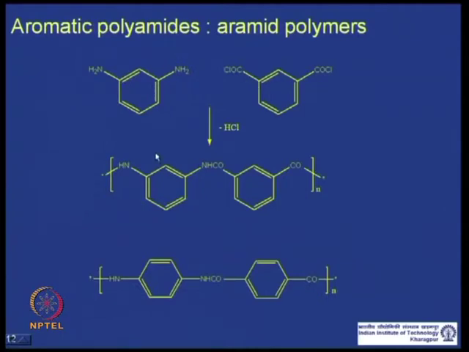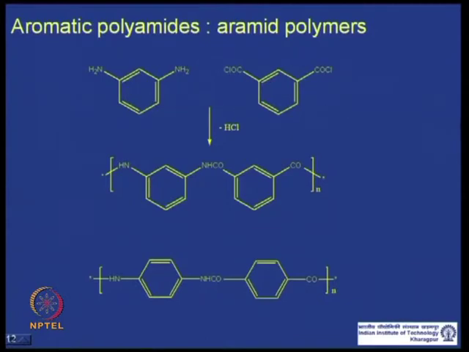Now, in the last slide we saw aliphatic diamine and aliphatic diacids. Now, we want to move to aromatic diamines and aromatic diester or diacid chloride in this case, and these polyamides are completely formed from aromatic groups.